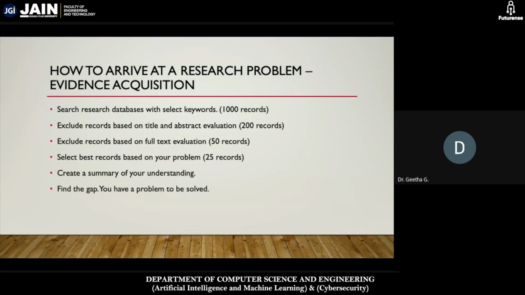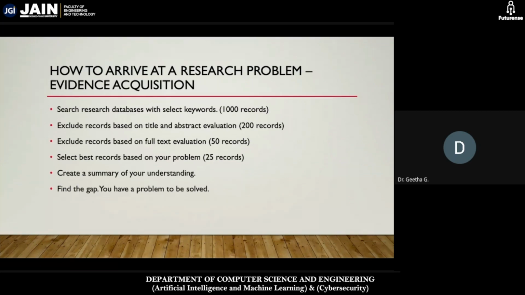So, how to arrive at a research problem for which we need to acquire some evidence. The first step to identify a research problem or a project or a project-centric learning is to research the databases.